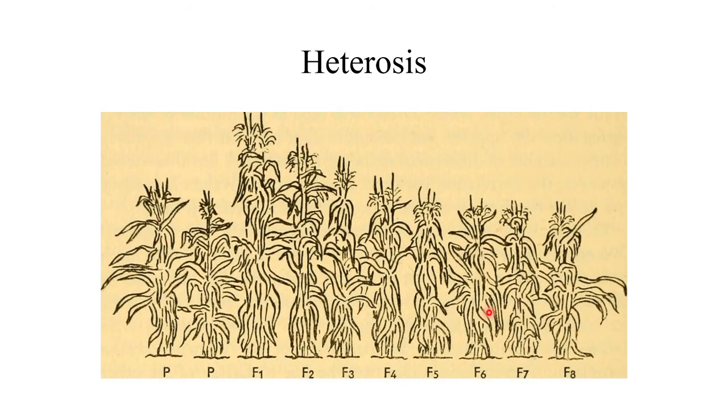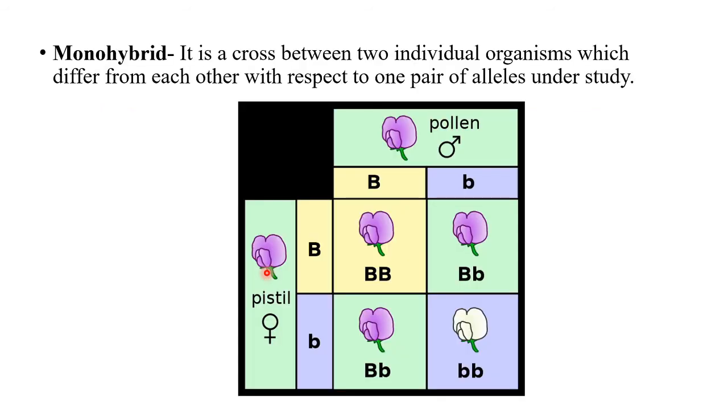In this figure you can see the two parents, and you can see different hybrids. The F1 is the first filial generation, or the first hybrid. It shows superiority over its parents in terms of size, shape and vigor, and this is called heterosis.